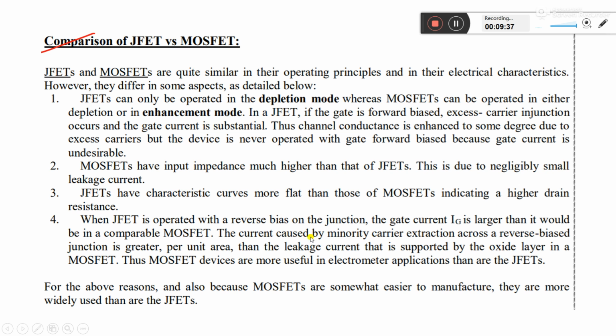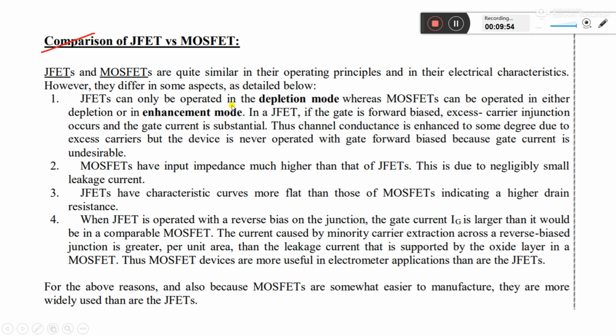Now, the most familiar or most popular question is the comparison between the MOSFET and JFET. In a JFET, there is a physical channel, but in case of a MOSFET, an inversion layer is formed.